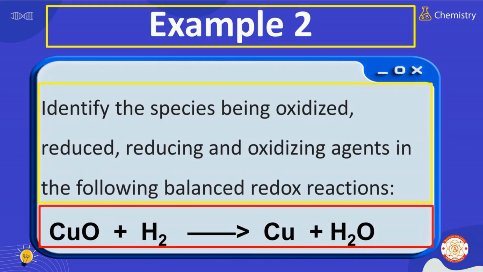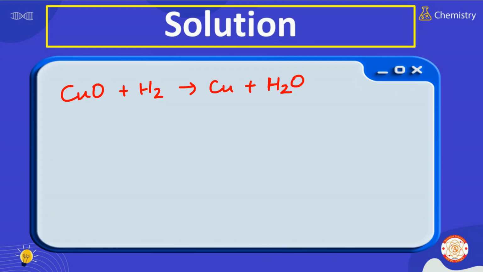Let's try another one. Now the first step is you have to assign the oxidation number. So we'll start from oxygen. Remember, the oxidation state of oxygen is -2 in most cases. Therefore, the oxidation state of copper is +2, and that of hydrogen is 0. And copper in uncombined state has 0 oxidation number.